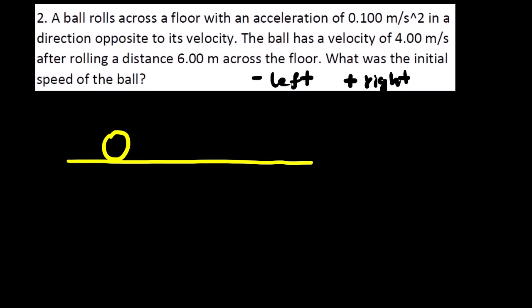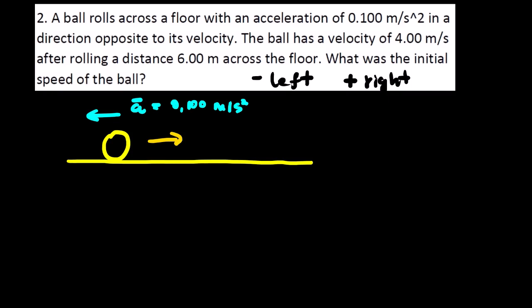So this particular ball rolls this direction, and then we know that its acceleration will be opposite to this particular velocity. And then the magnitude of the acceleration, some would say it's deceleration, is 0.100 meters per second squared to the left. And then the velocity, we are not given so far, so let us continue with the scenario.